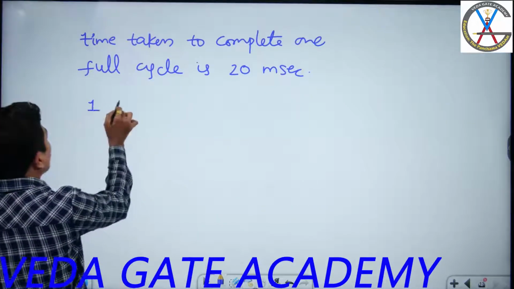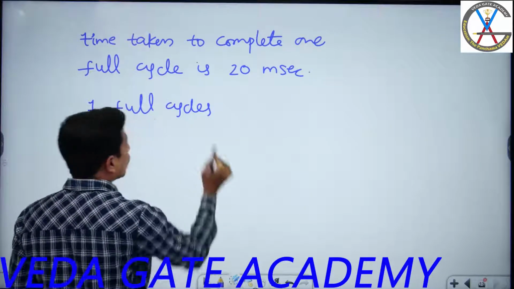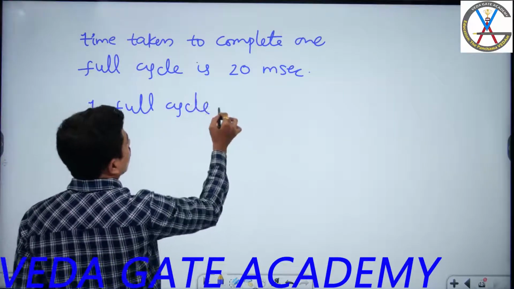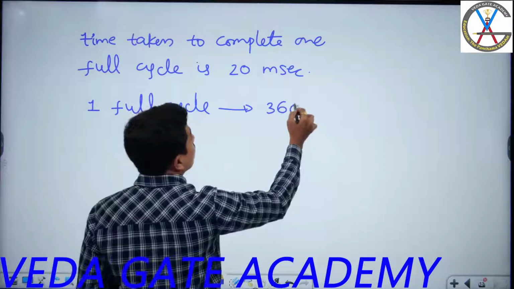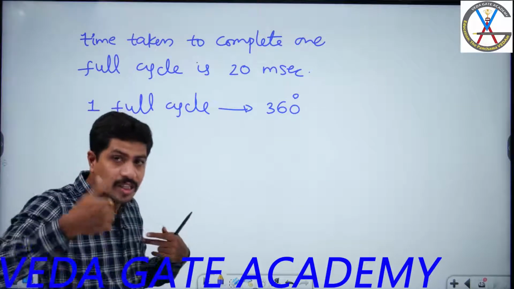One full cycle means what? 360 degrees. One full cycle means 360 degrees, with respect to 50 hertz.